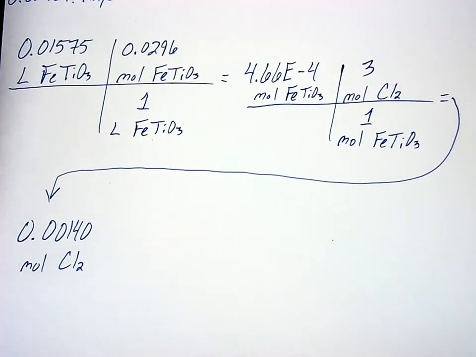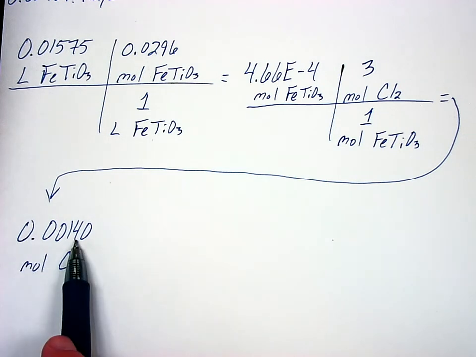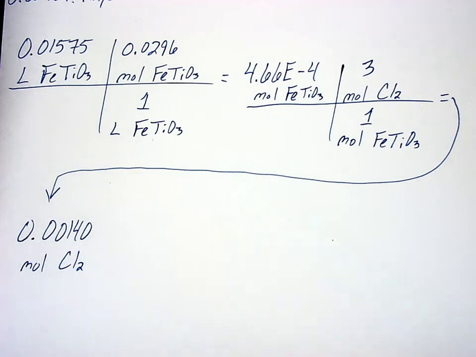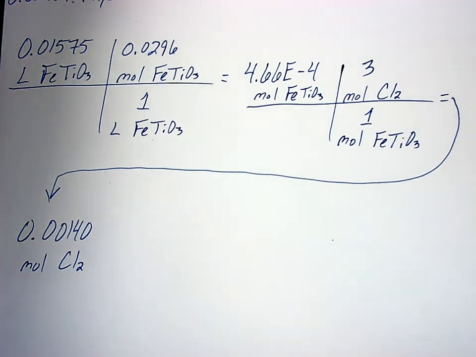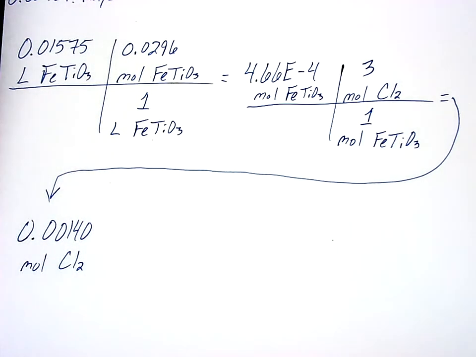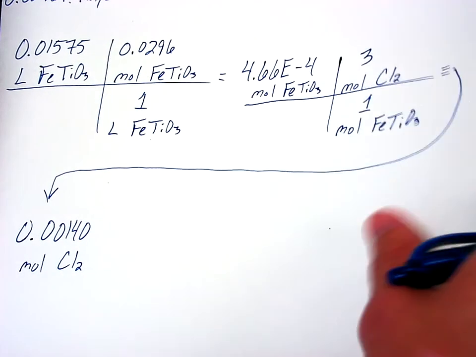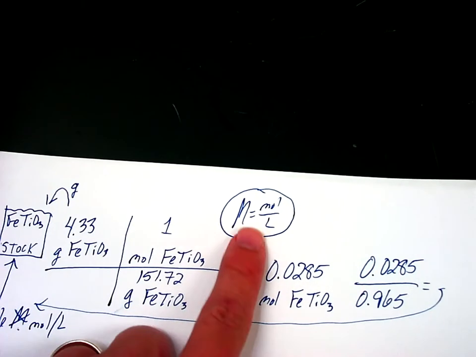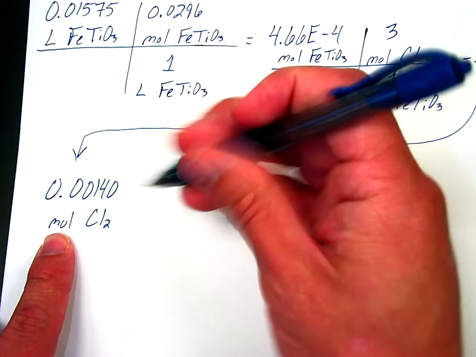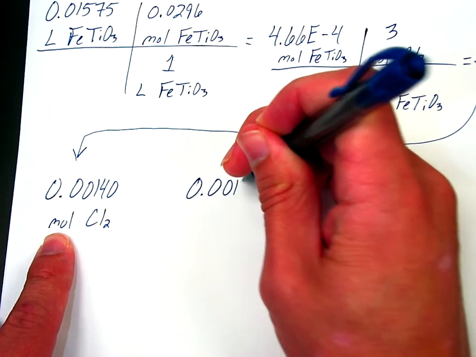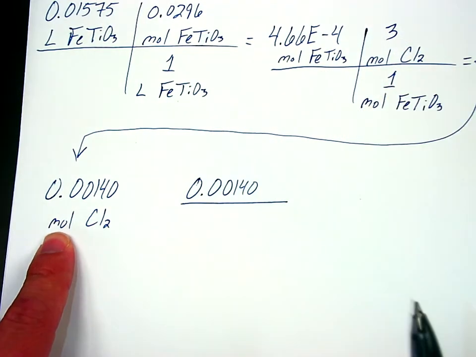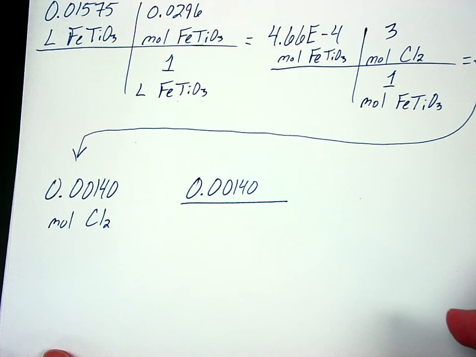Looking at our last step of titration, I know that once I have moles of unknown, I can go to anything. If you look at what it's asking for here, it says determine the concentration, which is the same thing as molarity. So we'll go back to our molarity equation, moles over liters. We've already got the moles, so I'm going to take the 0.00140 and divide that by liters.